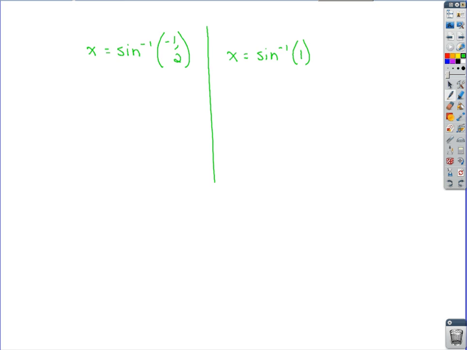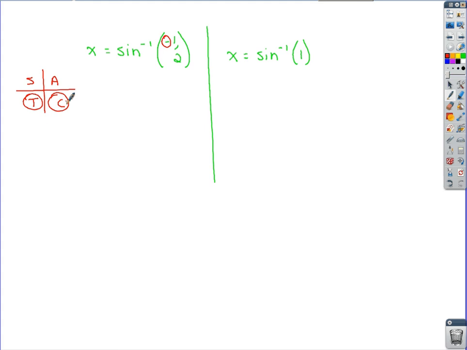Since I was running out of room on the previous slide, I've just transferred that step over to this new slide. We'll consider each of these equations now, starting with the first. If I'm taking the inverse sine, and I know that I've got a negative plugged in, where the sine function is negative would be down in the 3rd and 4th quadrants, so I know my answers will come from those 2 quadrants.